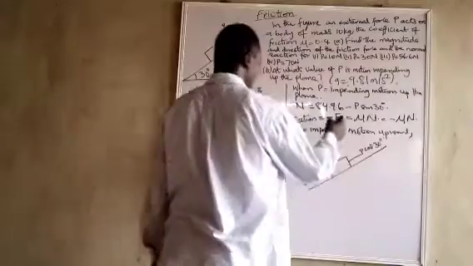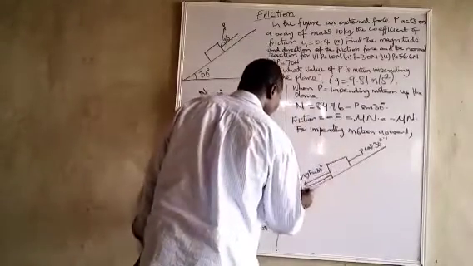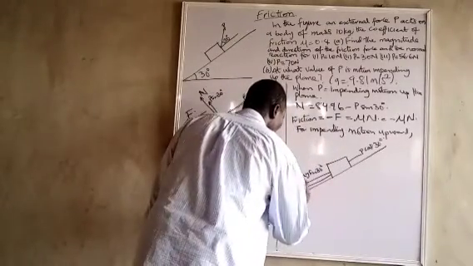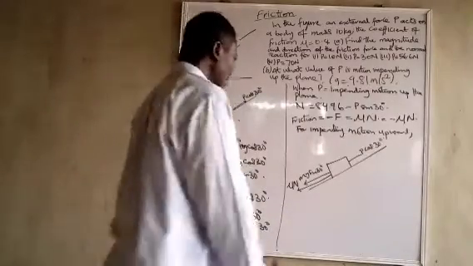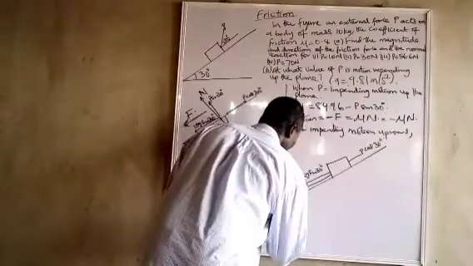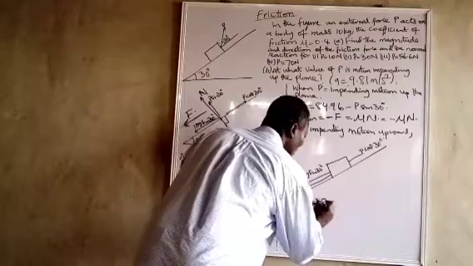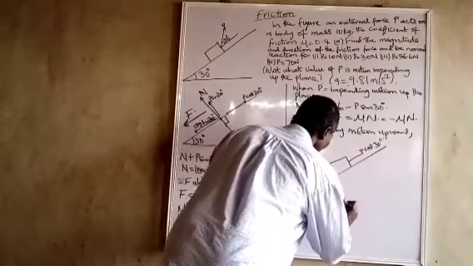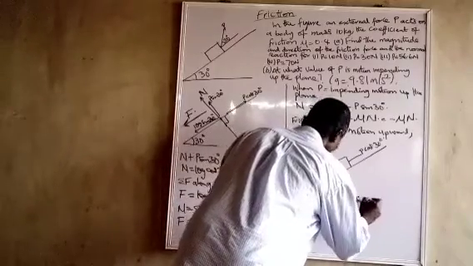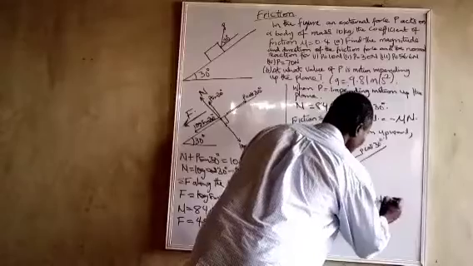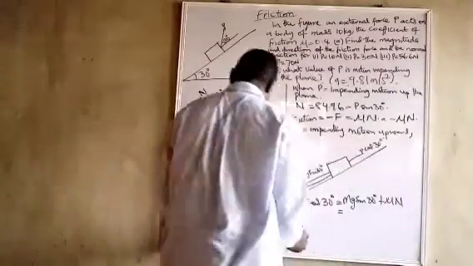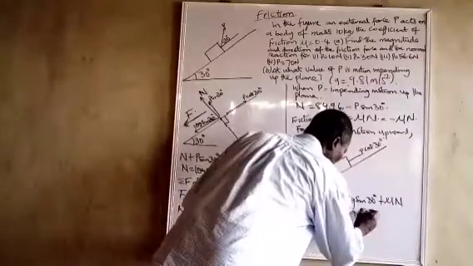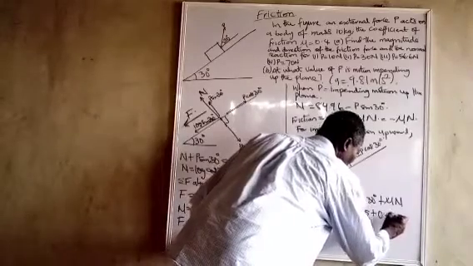At the same time, there will be mu n downward. So in this instance, P cos 30 degrees will be equal to mg sin 30 degrees plus mu n, which is 49.05 plus 0.4 n.